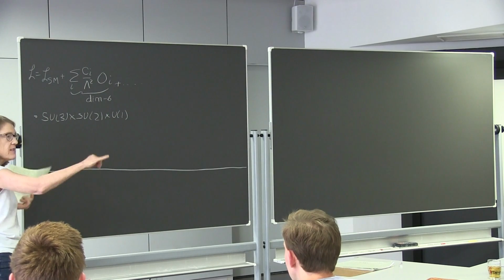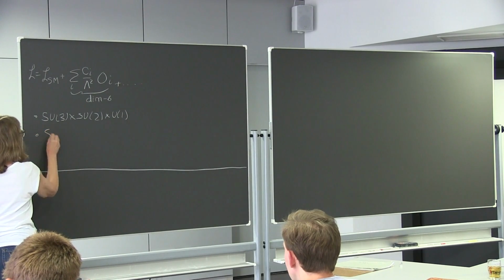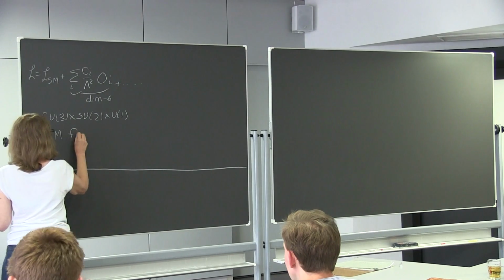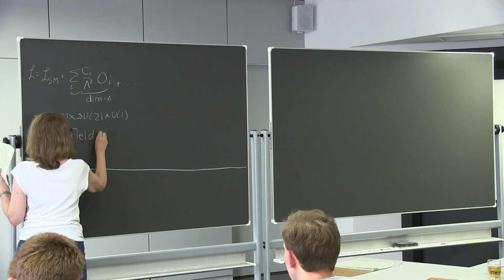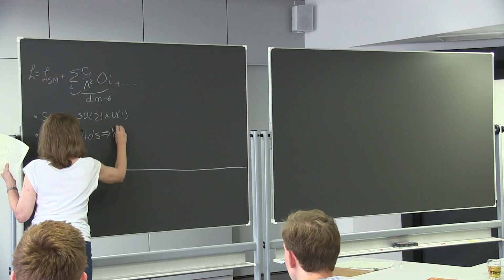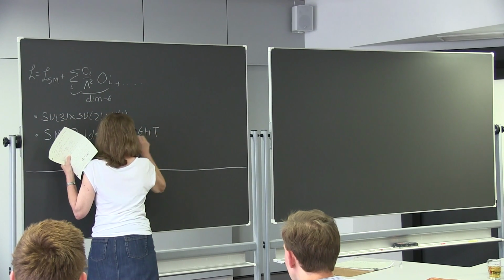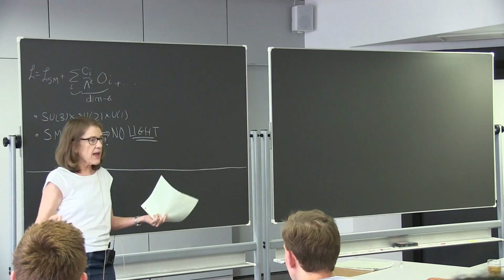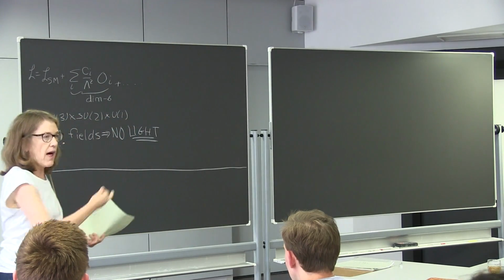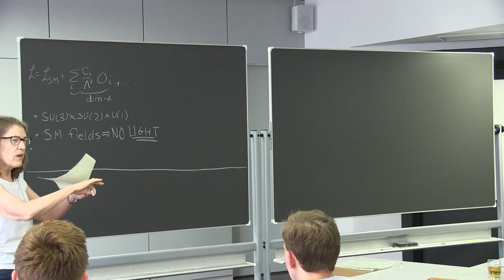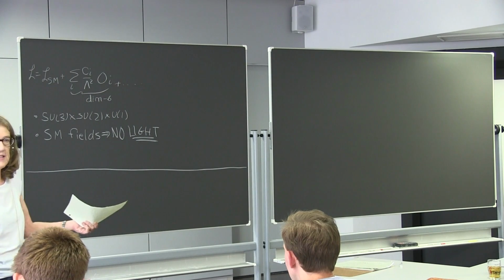Standard model fields, that's the really important one. Yeah, standard model fields. Let me write no light stuff. So if there were some light stuff around, this wouldn't apply. So it's the really depressing assumption that all you got is a standard model field.